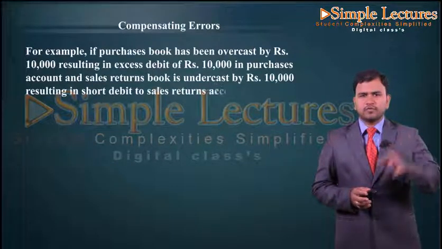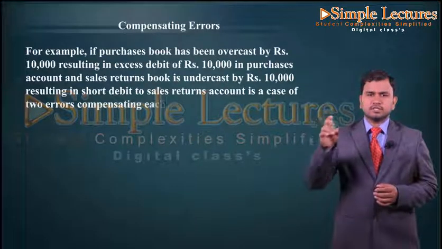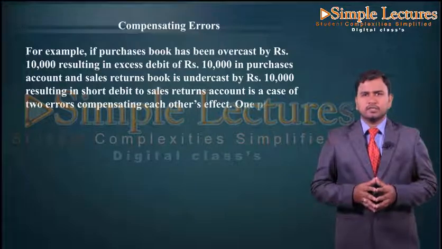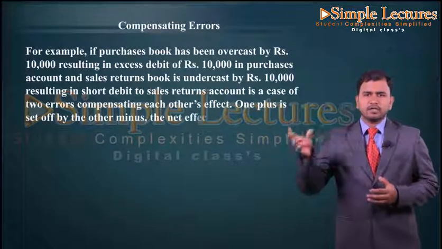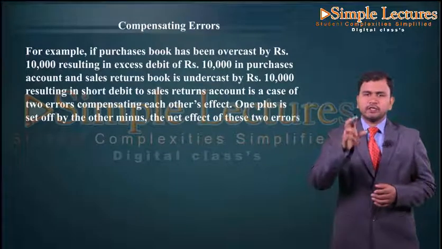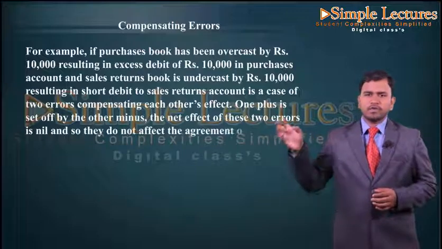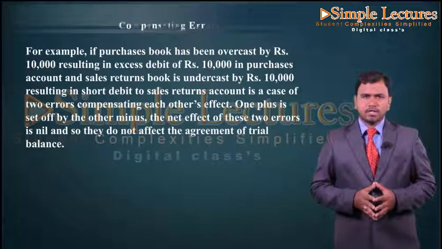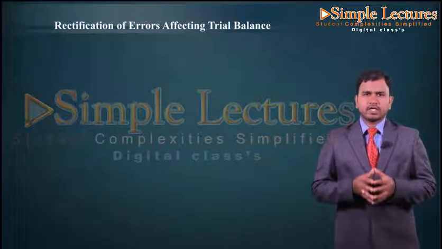In a case of two errors compensating each other's effect, one plus is set off by the other minus. So one addition was set off by another subtraction. The net effect of these two errors is nil, and so they do not affect the agreement of the trial balance.